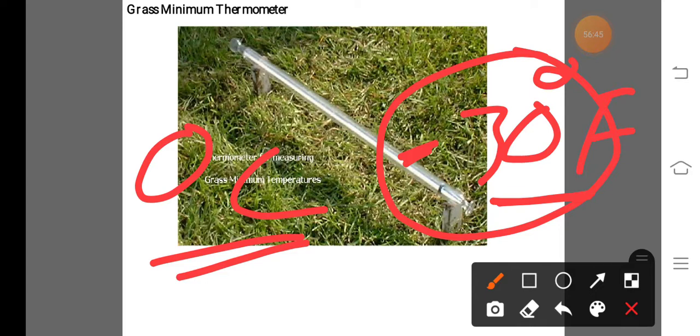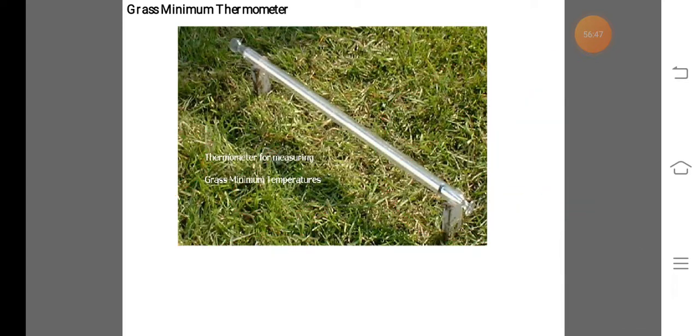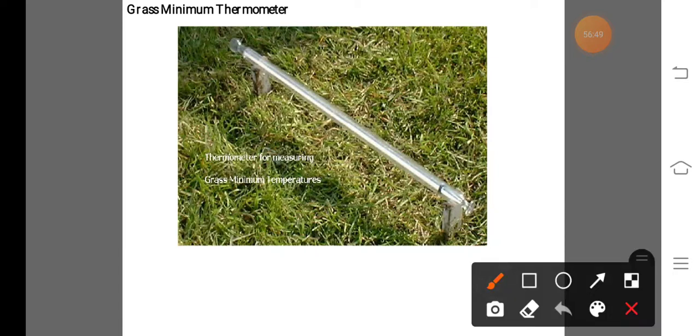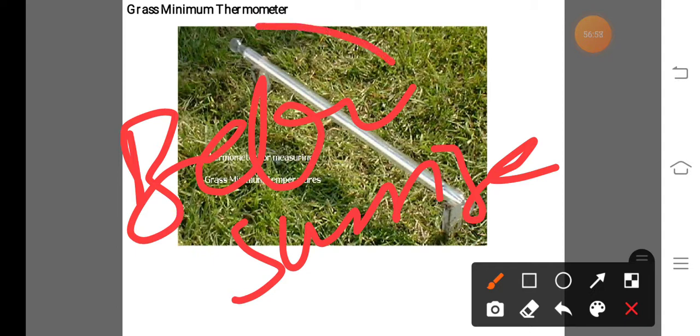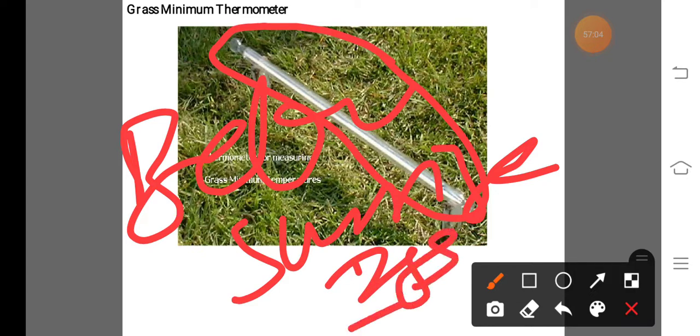And the time of observation of this thermometer is before sunrise, and it is set after sunset. That means during the whole day, this thermometer is kept in a shadow place, that means in a double Stevenson screen.